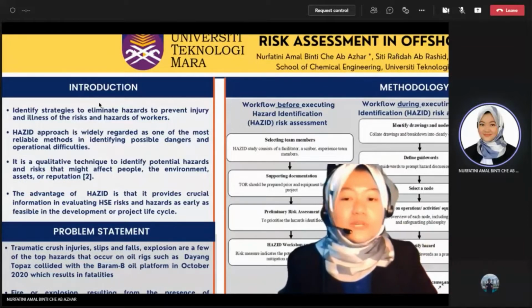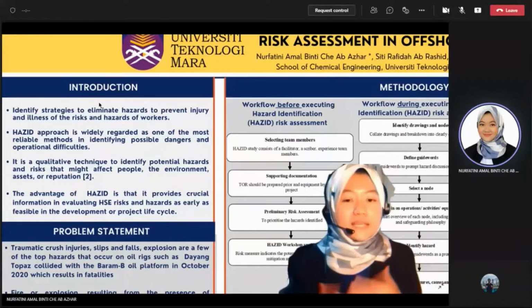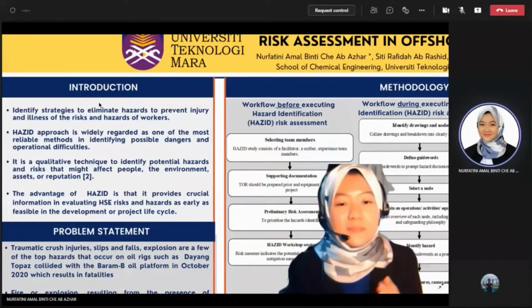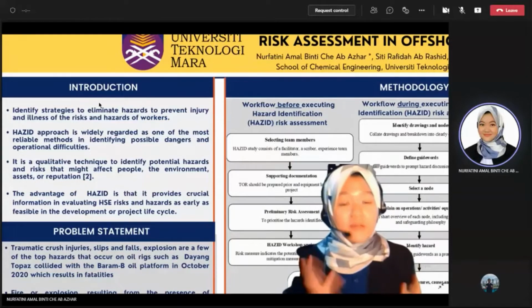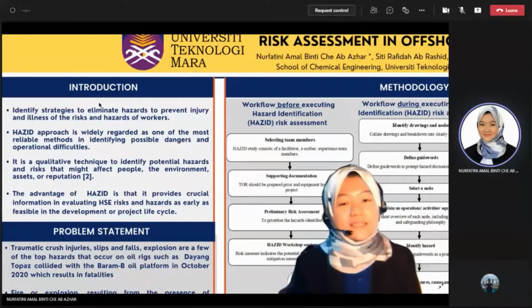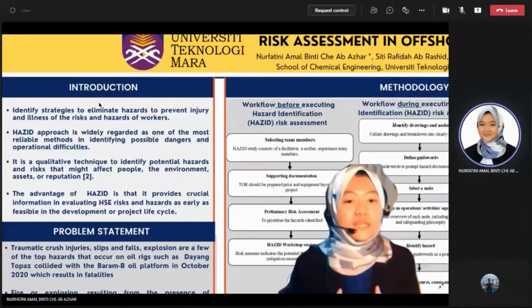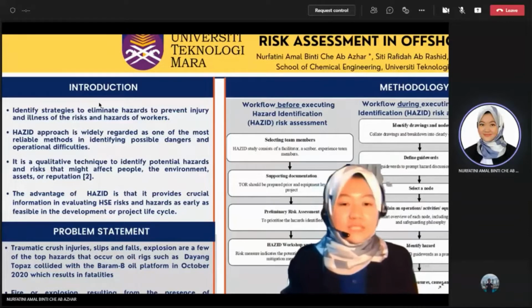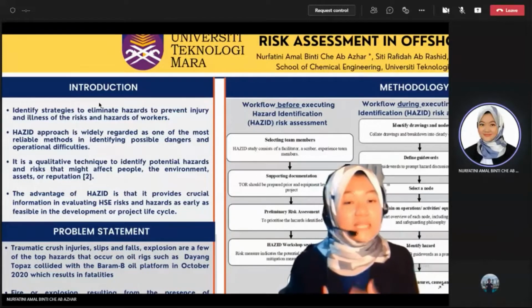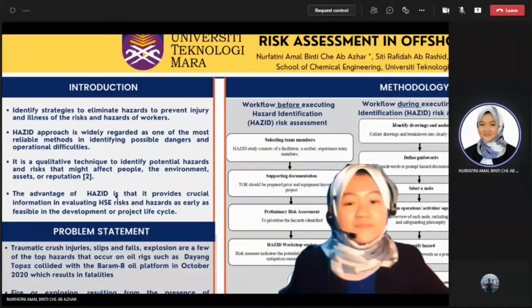It is also a qualitative technique to identify potential hazards to people, environment, assets, and reputation that might be affected. And lastly, a hazard study holds a significant advantage in providing crucial information when evaluating HSE risks and hazards as early as feasible in the development or project lifecycle.